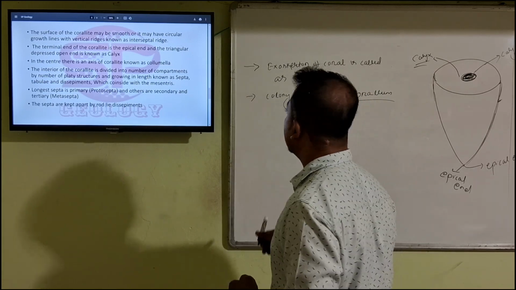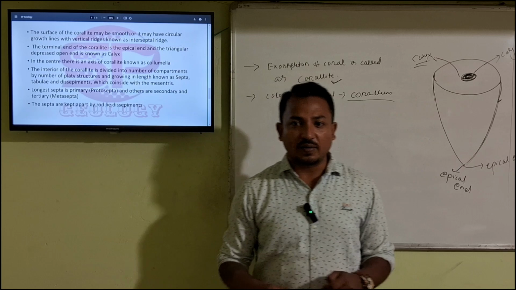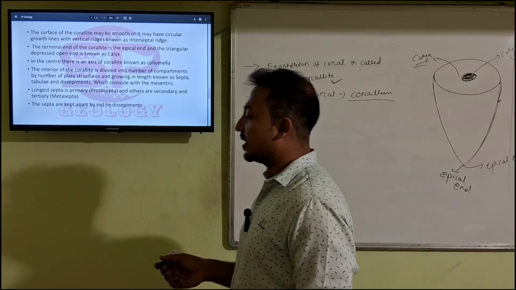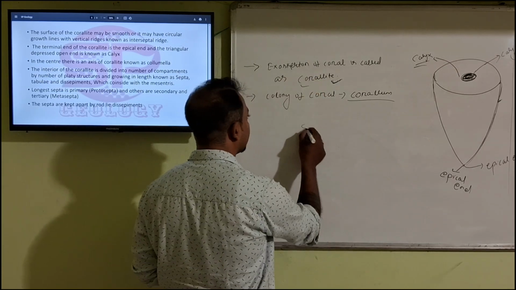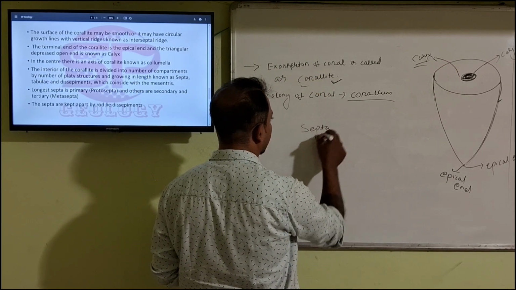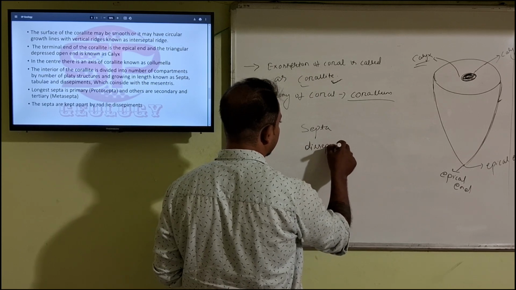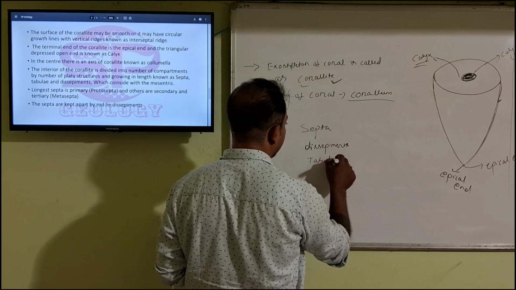Then coming to the interior of the corallite, it is divided into partitions by different processes. Those are called septa, dissepiments, and tabulae.